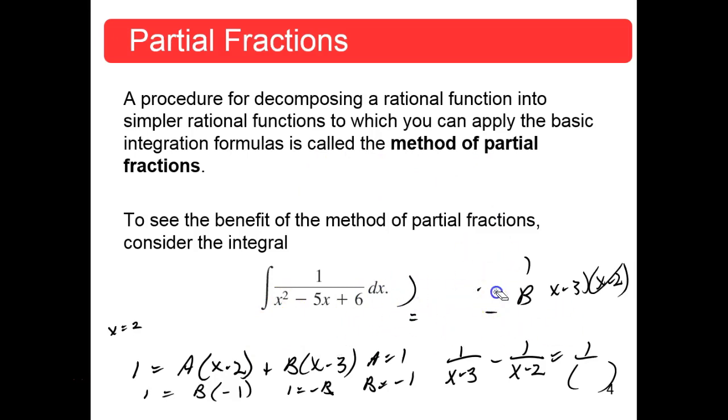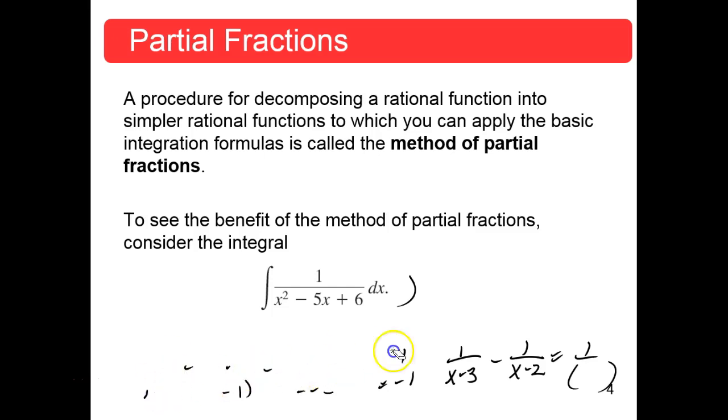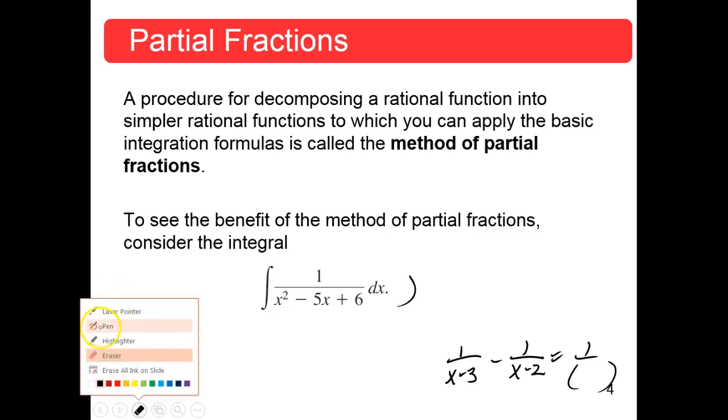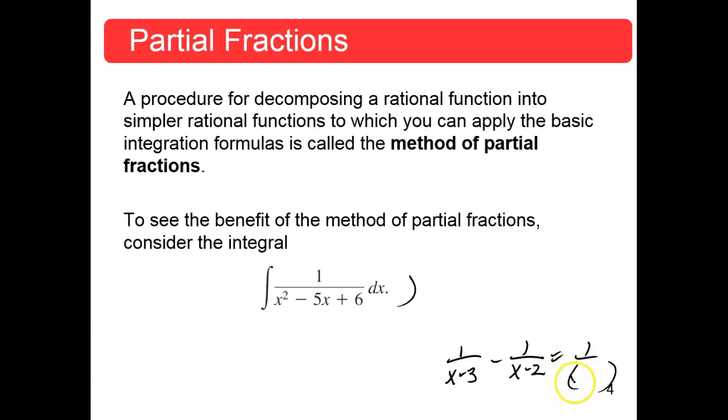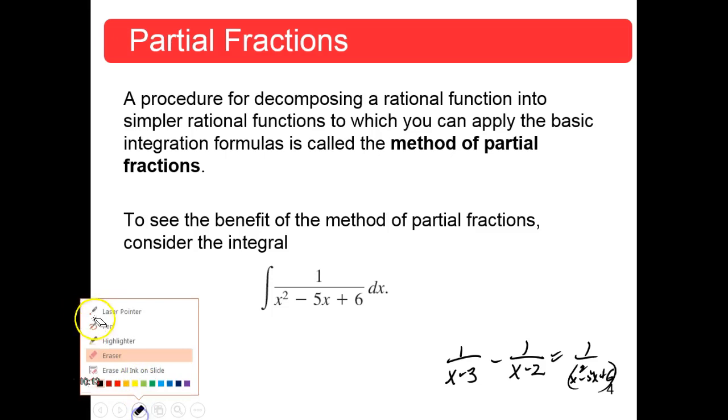And we'll erase this part because we've already used that. We got our A and our B. So this big old denominator we had here, I'll go on and write that in. I didn't want to, but I'll do it now. That's x squared minus 5x plus 6.